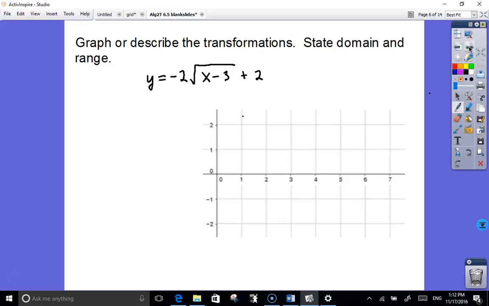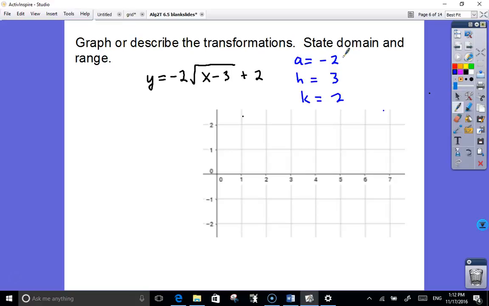Okay, so let's say, in this case, A is -2, H is 3, K is 2. So that -2 is going to do what? What are the two things that a equals negative 2 does to you?